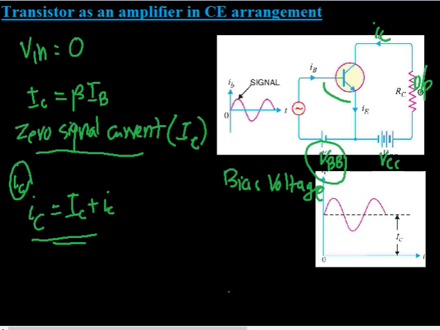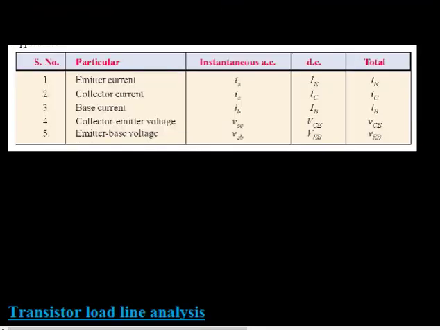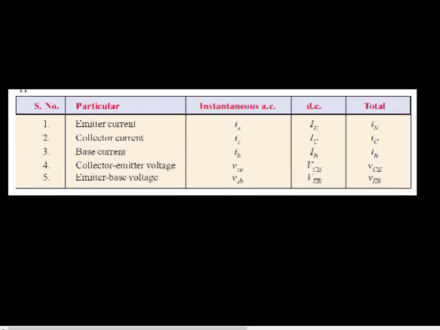Now when we are considering a common emitter transistor circuit, some of the different voltages and currents which we will come across will be discussed in this table. If you consider the emitter current, I'm rewriting it here.